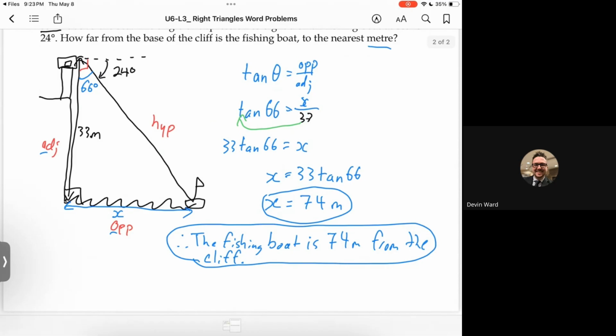And then on Tuesday and Wednesday, we'll get into oblique triangles and then wrap up this unit probably pretty quickly and have a test either late next week or early the following week after Victoria Day weekend. Ooh, long weekend. We might try to squeeze that test in before the long weekend, just so that you guys don't forget everything.